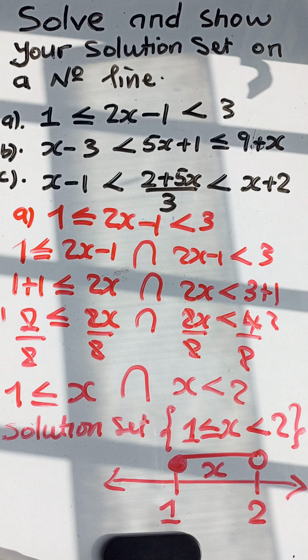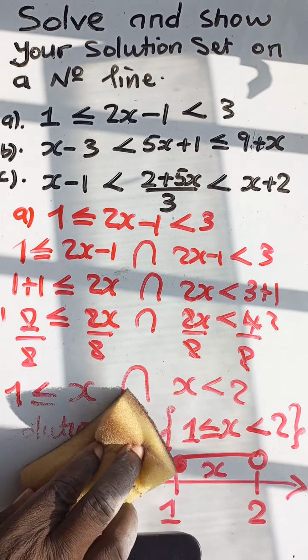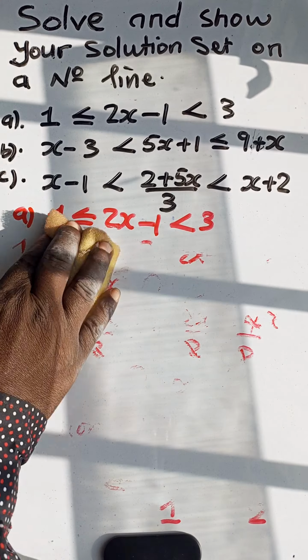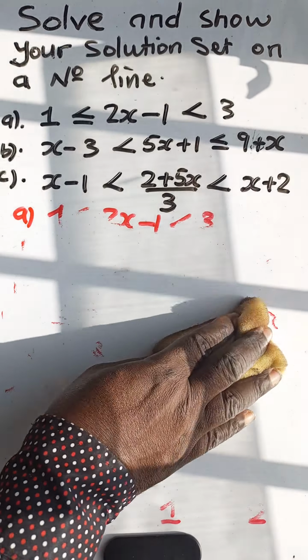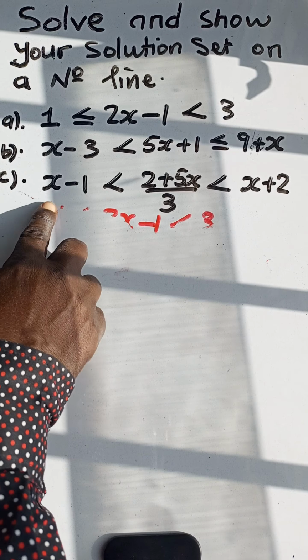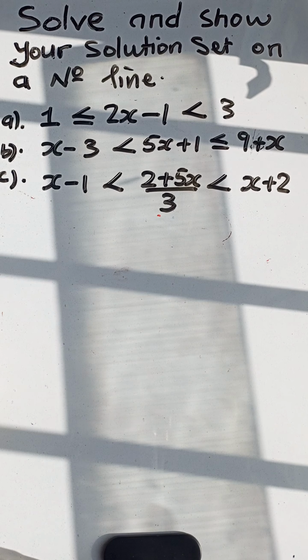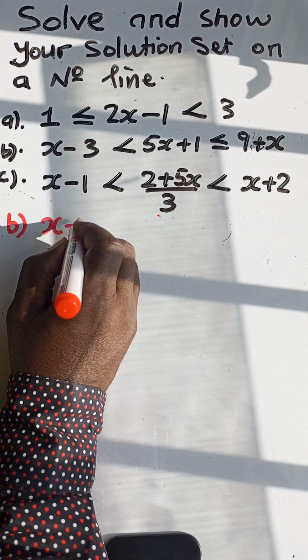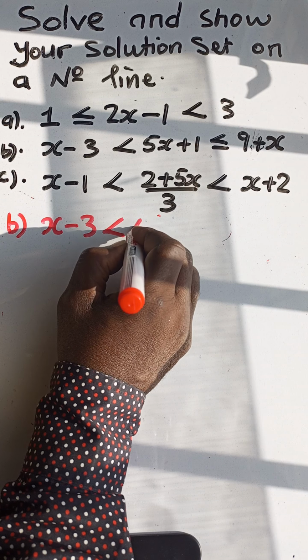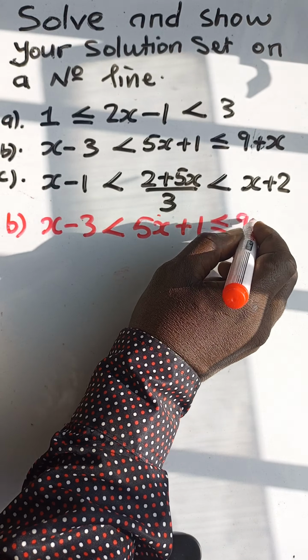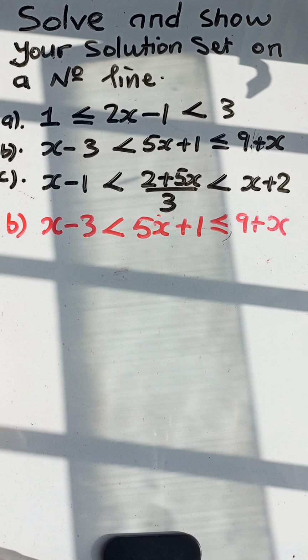Now let's take the second exercise. We have x minus 3 less than 5x plus 1 less than or equal to 9 plus x.